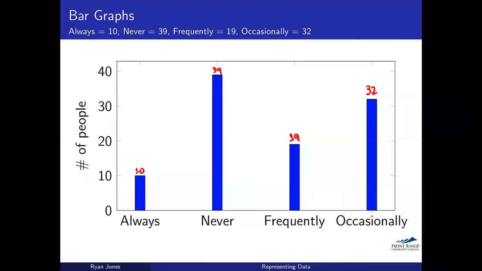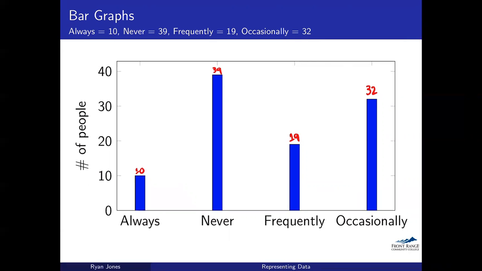One last thing I want to mention with them is that in certain cases, one of these or the other does a good job of representing your data and one doesn't. A very simple example of that is a pie chart does a very poor job of representing data where someone can respond with multiple answers.